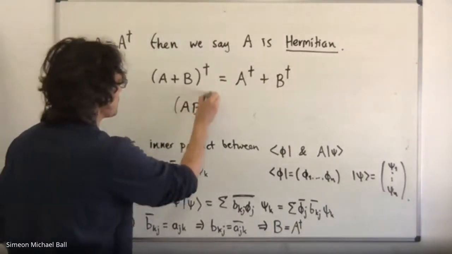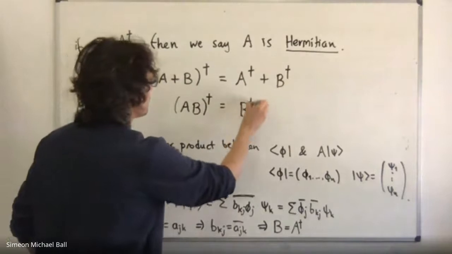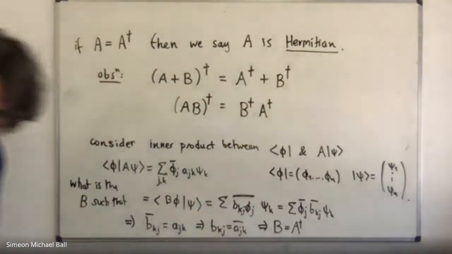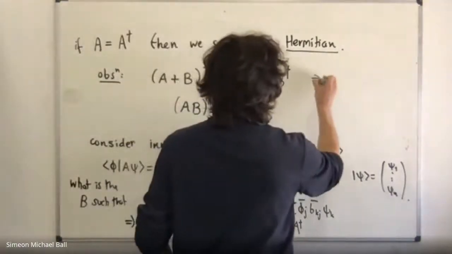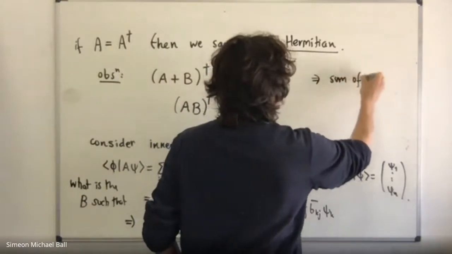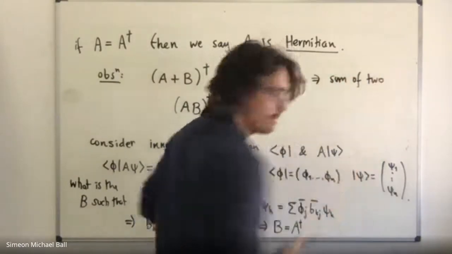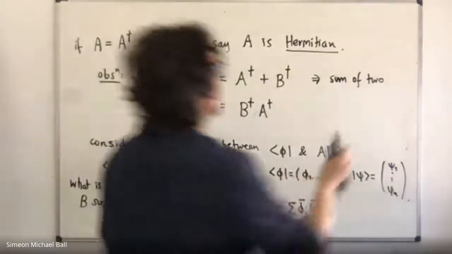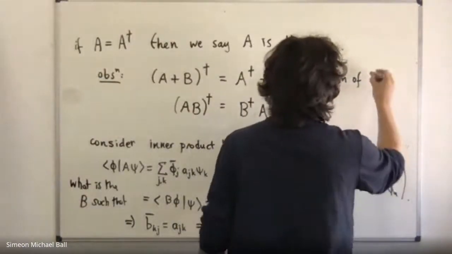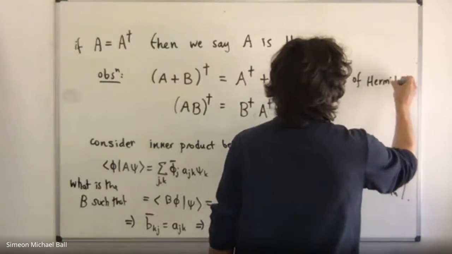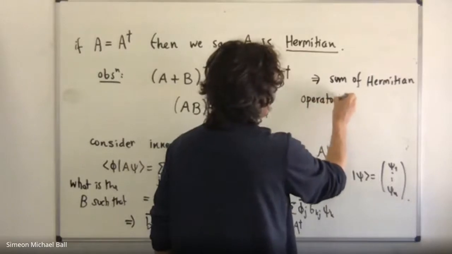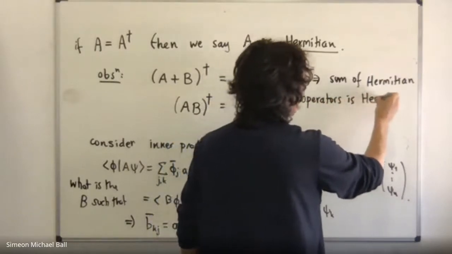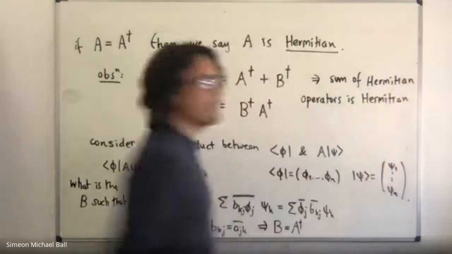So this implies that the sum of any number of Hermitian matrices is Hermitian.